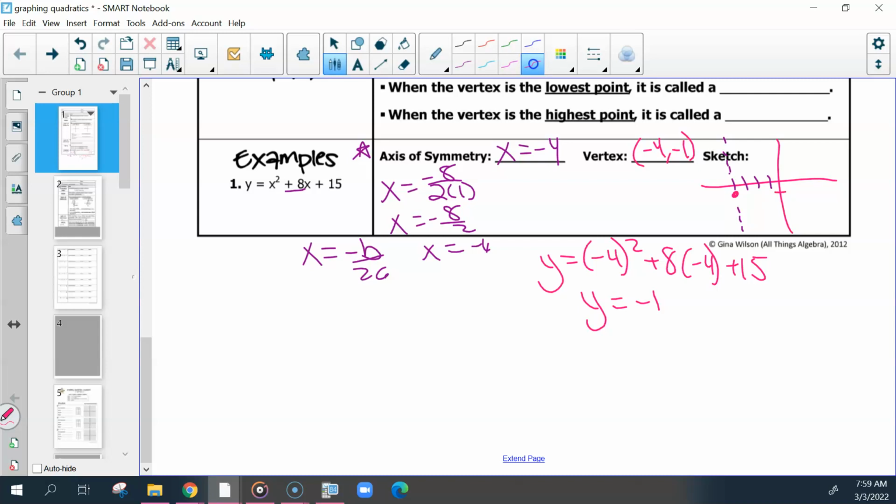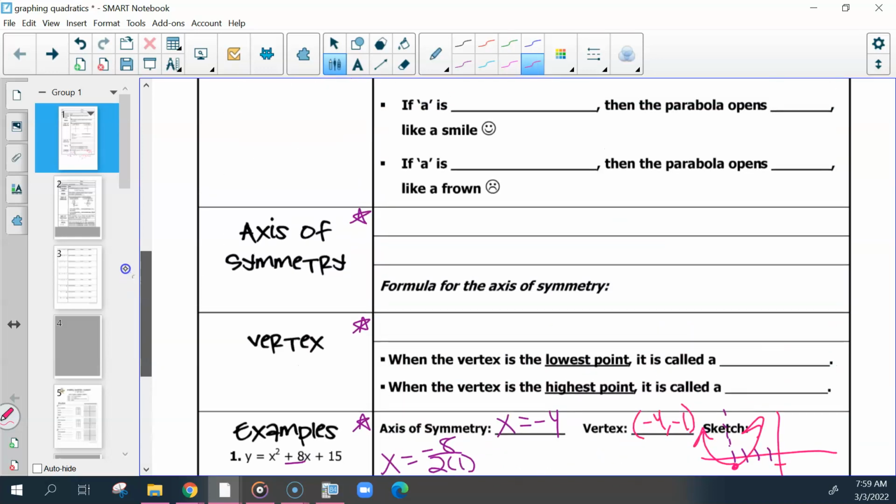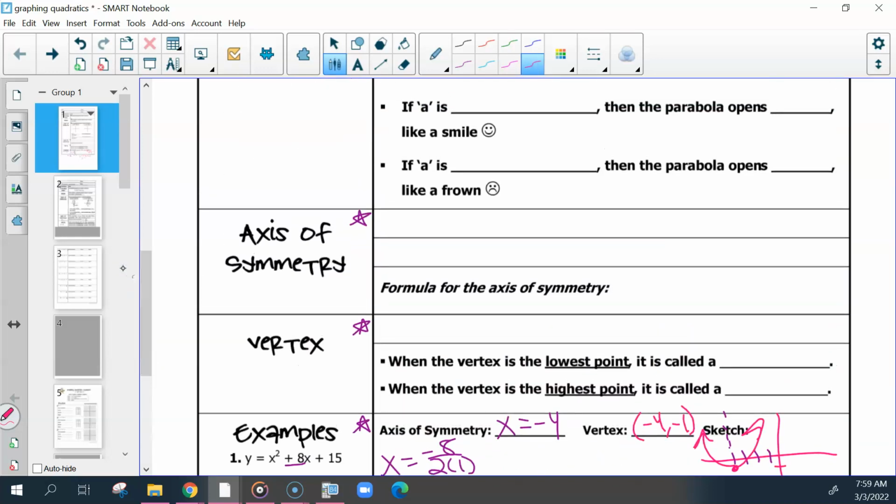And then our a value here is positive, so this would go up. So you're just going to draw arrows up. Very rough sketch. Because your a value is positive. So earlier, this said if a is positive, then the parabola opens up.